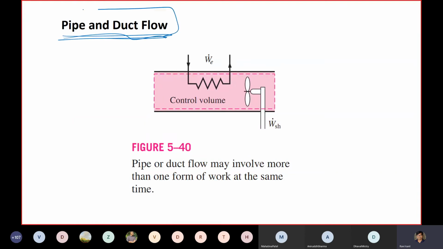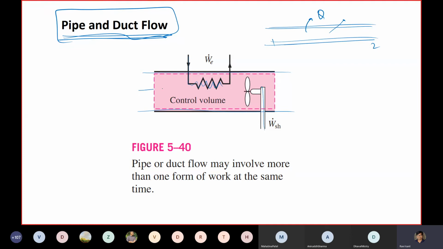Pipe and duct flows are often encountered in engineering devices such as condenser pipes, or where you transport some fluid from one part to another and you don't want any heat transfer to occur. You can think of a pipe with all sorts of work happening, shaft work, electrical work.